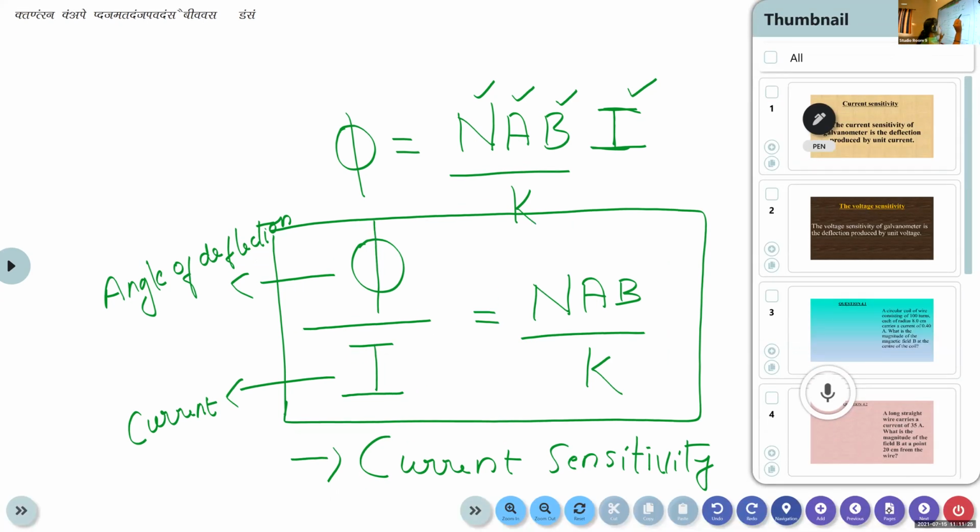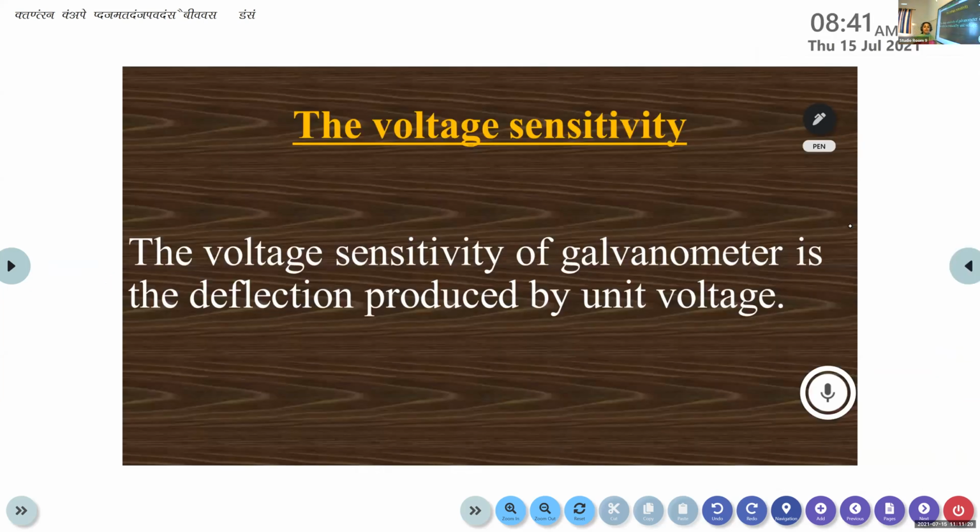How can we calculate the voltage sensitivity of a galvanometer? The voltage sensitivity of a galvanometer is the deflection produced by unit voltage. The deflection produced by unit current is known as current sensitivity, and the deflection produced by unit voltage is known as voltage sensitivity of a galvanometer.